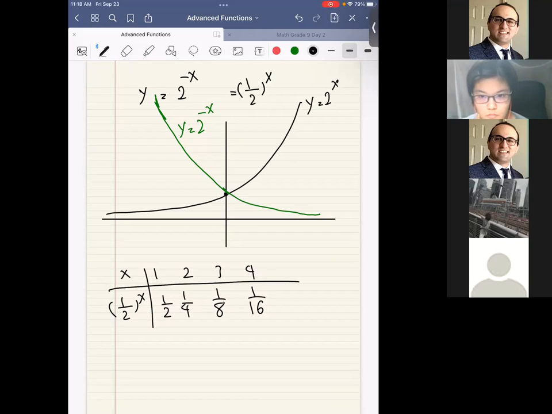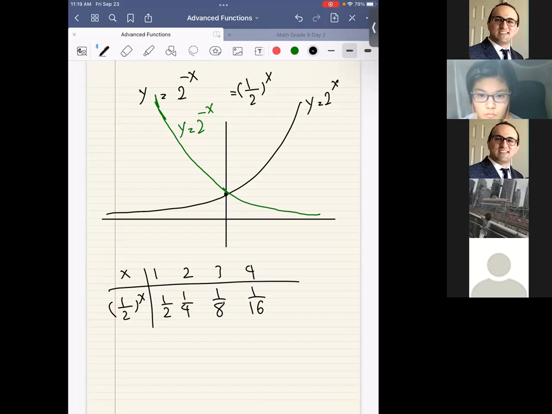So the bottom line is that if the base is a number greater than 1, then the graph looks similar to 2 to the power x, the black one. If the base is a number less than 1, like 1/2, 1/3, the graph looks like the green graph. It's decreasing. Another difference is the behavior of these two at infinity.